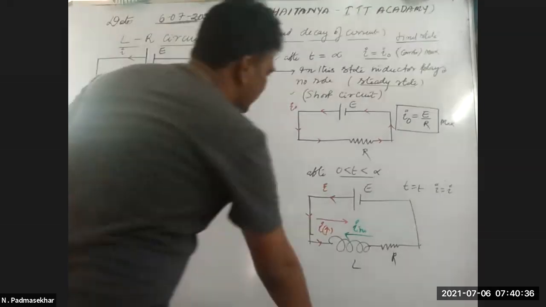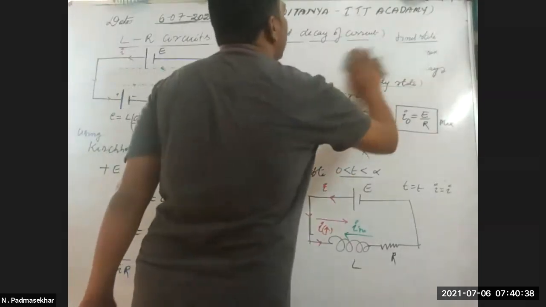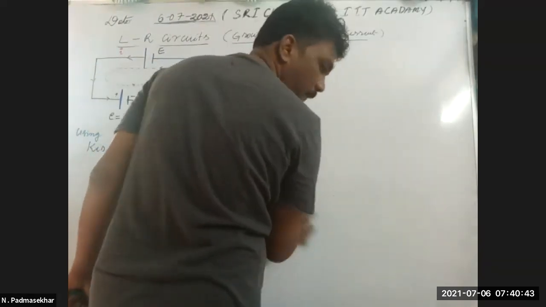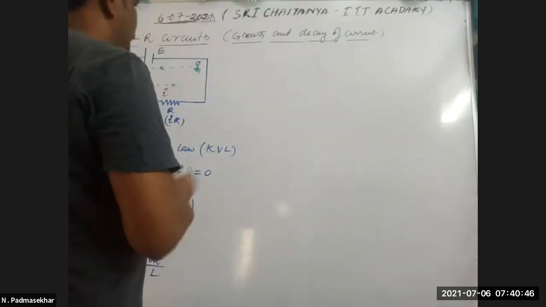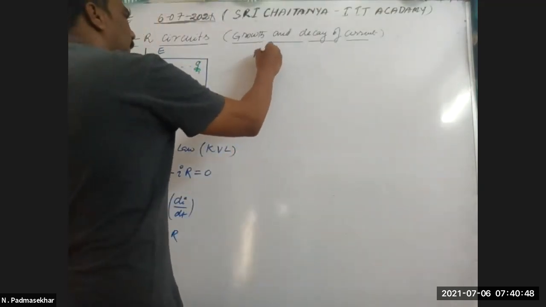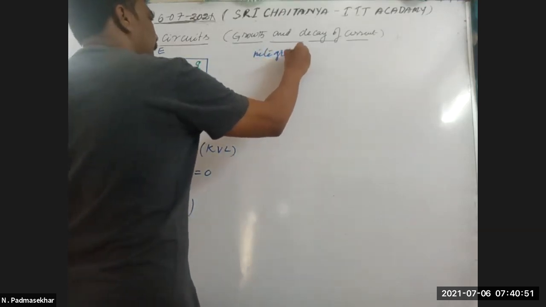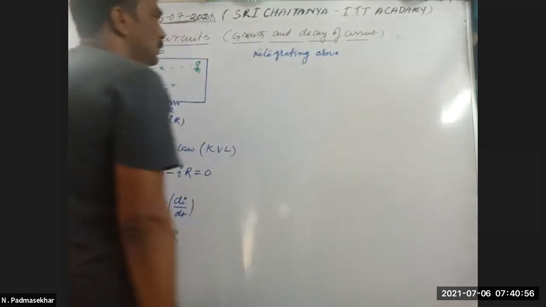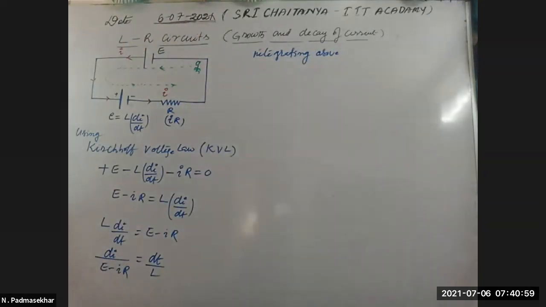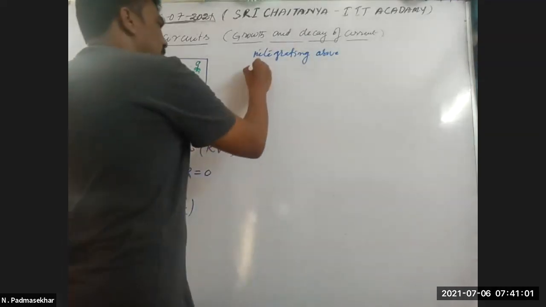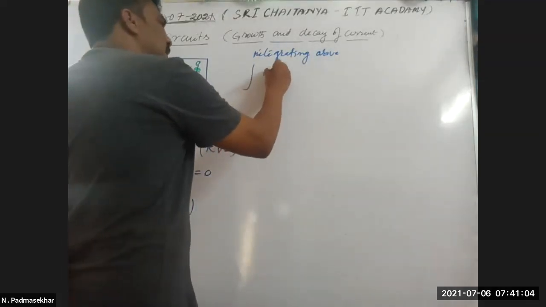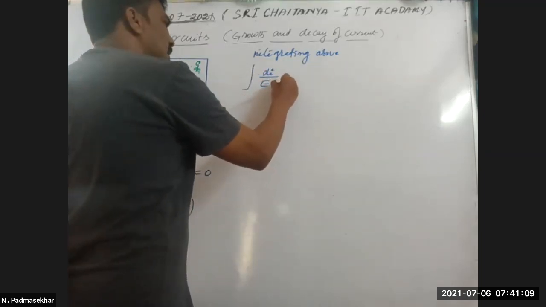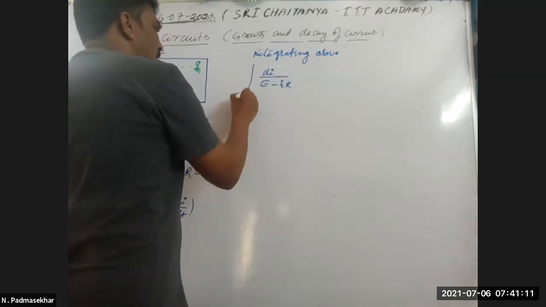So now integrating above. The integral of di by E minus IR, from where to where?